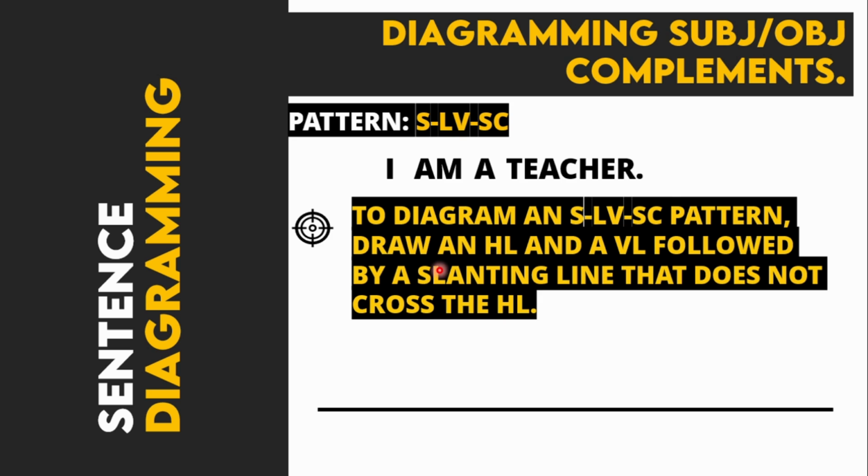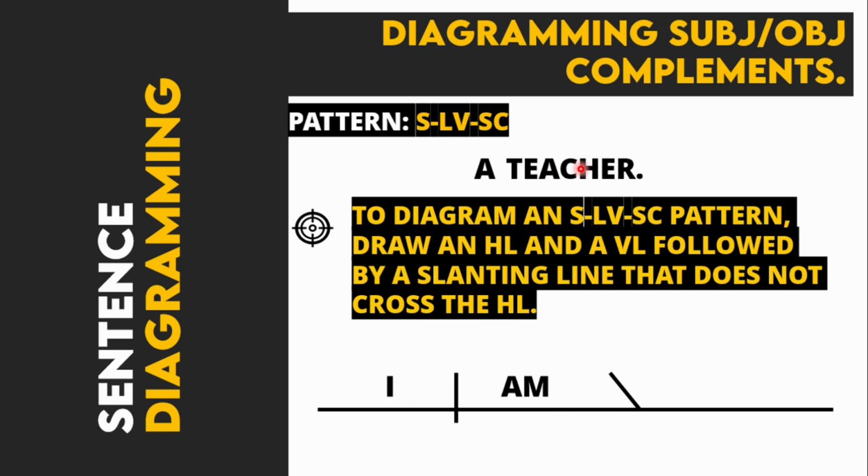And how will you be diagramming SLV-SC patterns? Here's how. Draw a horizontal line. Of course, note the subject. And then put the vertical line once again, followed by your linking verb. Am, is, are, was are your linking verbs, and you can use them in sentences in SLV-SC patterns.